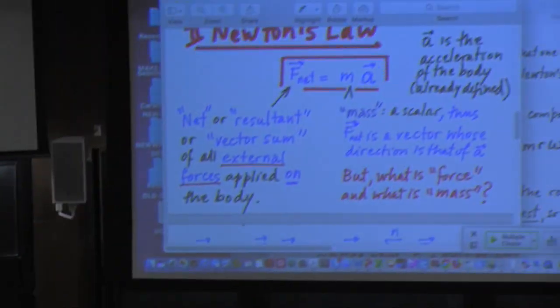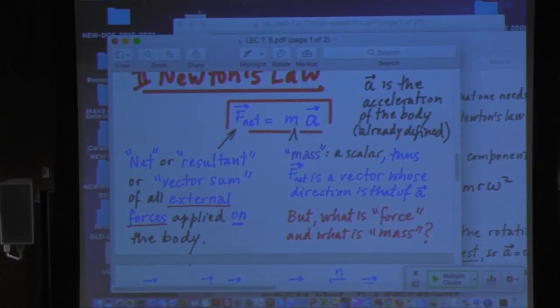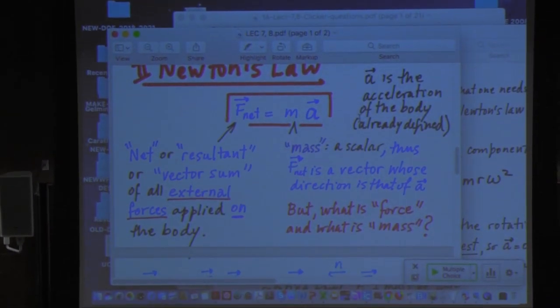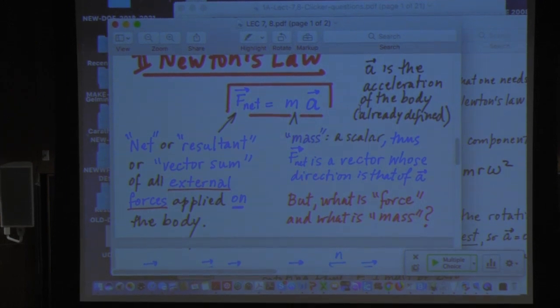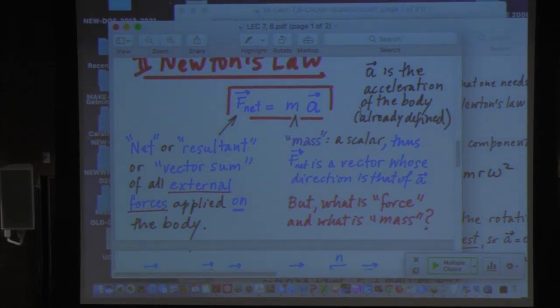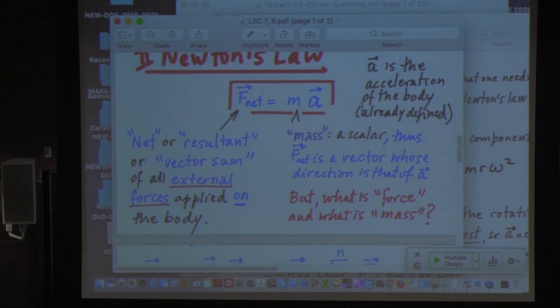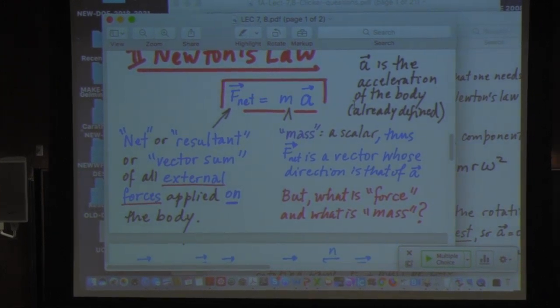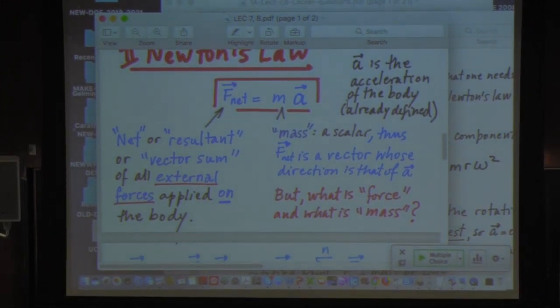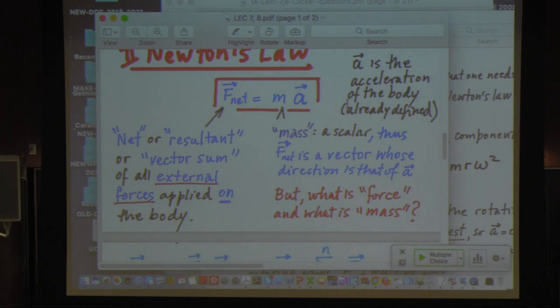So Newton's second law is, on the left-hand side, F equals ma, famous F equals ma. What is F? It is the net force, namely the vector sum of all the external forces acting on a body. There is only one external force in which you don't see anything in contact, and it is still exerting a force, which is gravity.